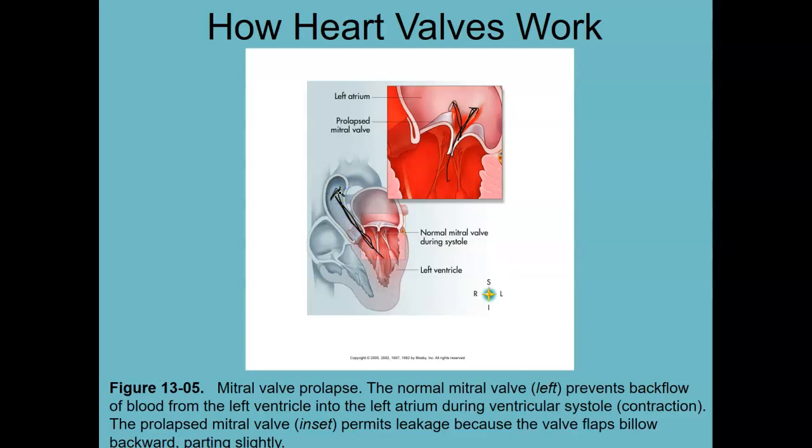It'll still leave the left ventricle out to the aorta, but some of it will go back into the atrium. And this is a leakage, all right? Blood going backwards is basically leaking. And what that means is blood coming in from the lungs backs up. And that causes problems with the lungs itself later on in life.